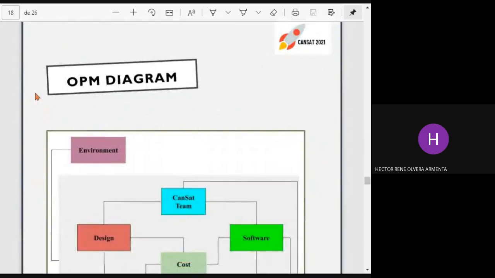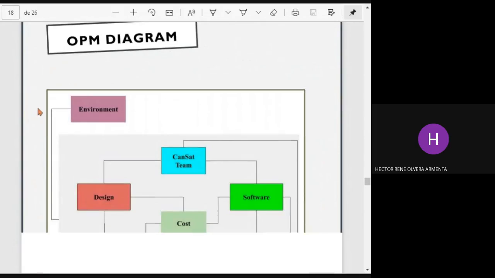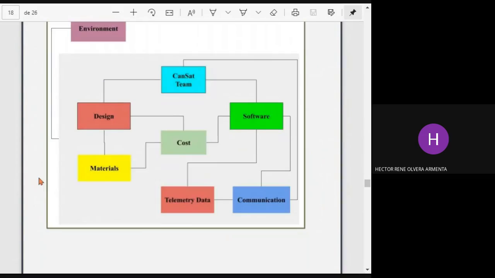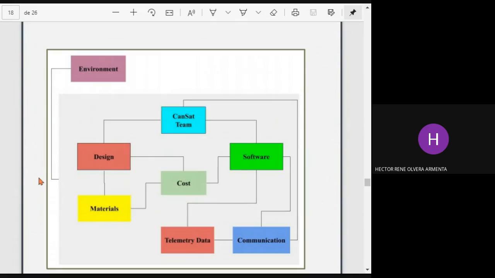Here we have an OPM diagram, and as we can see, as a CanSat team, we are going to develop the design and the software of this project.